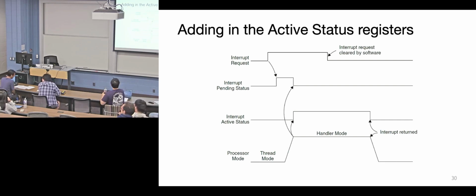Once you've gone through stacking, and now you're in your handler, the interrupt goes from inactive to active. That's just a way for the processor to keep track of what things are actually on at that moment. Questions so far?